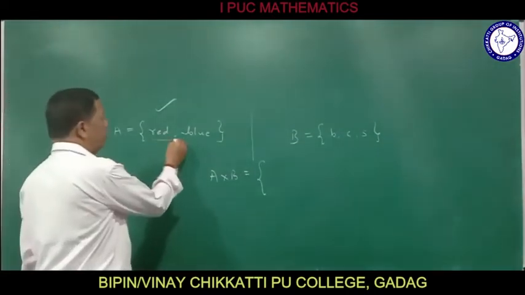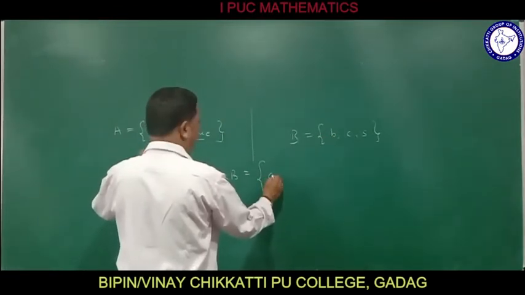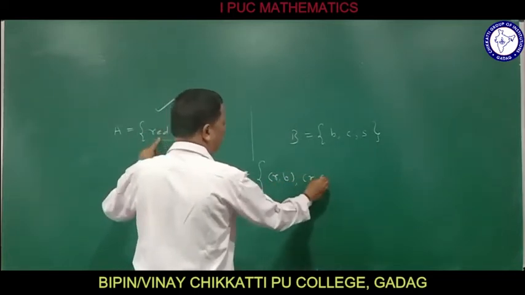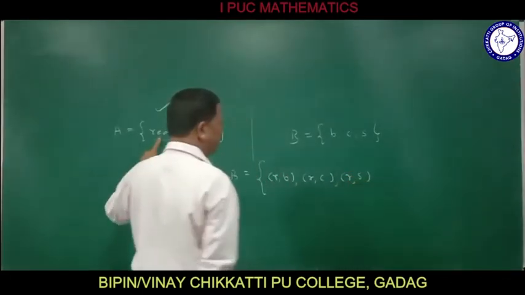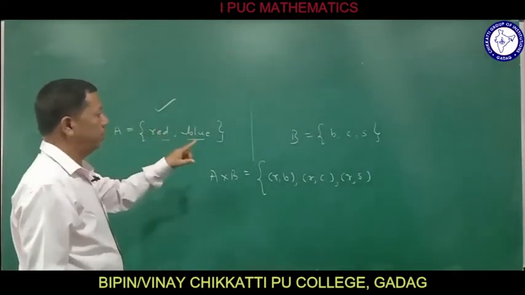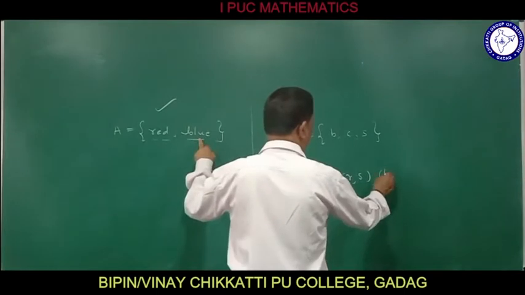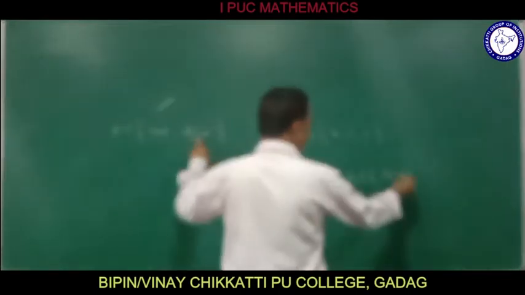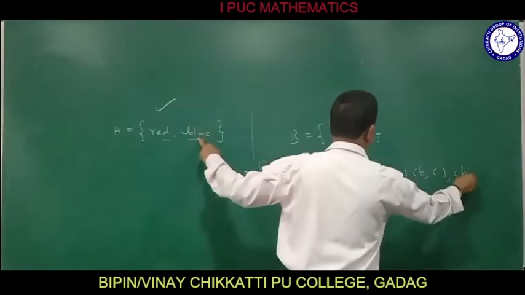You have to make pairs. Red bag, red coat, and red shirt. Next, blue bag, blue coat, and blue shirt.